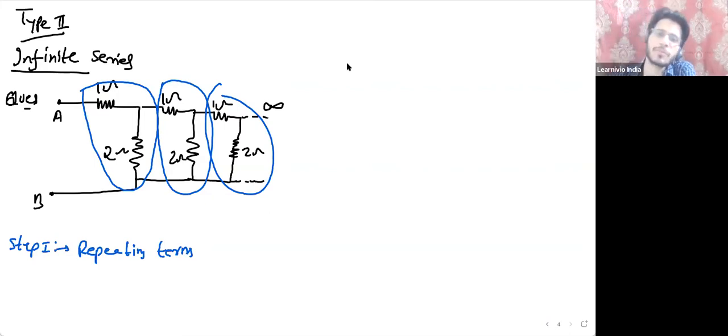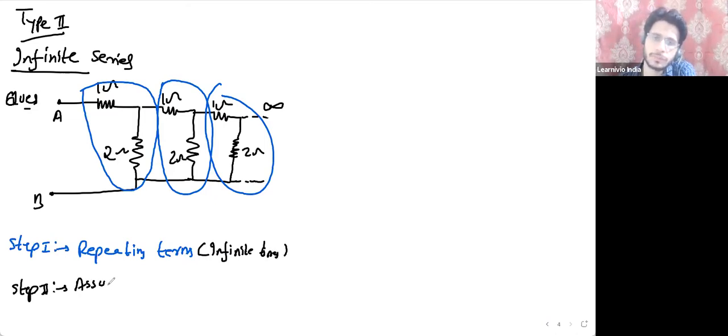Next, in step 2, now assume the total resistance of the circuit as some R. And how many times is this term repeating? This is repeating infinite times. Remember.